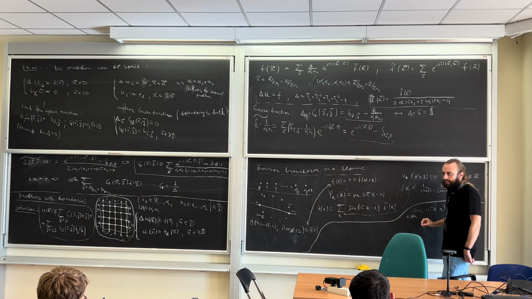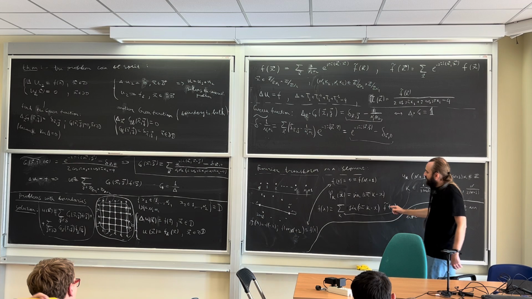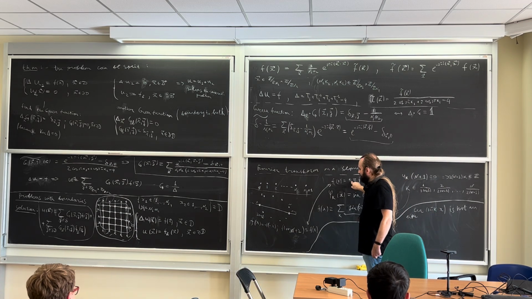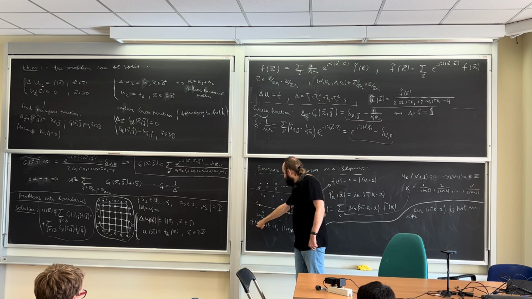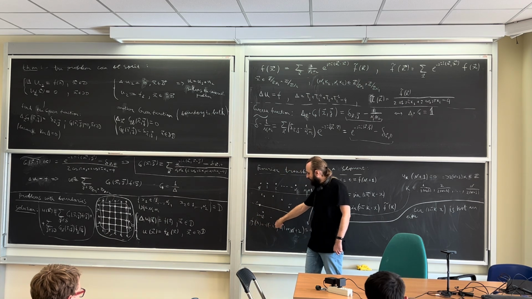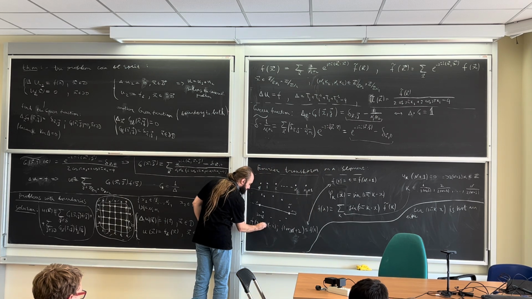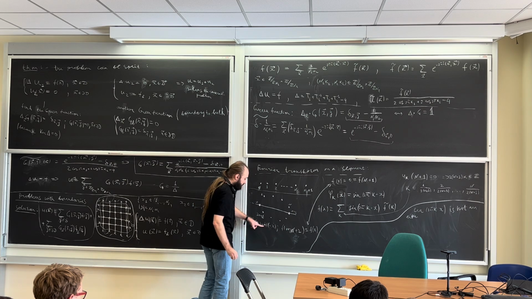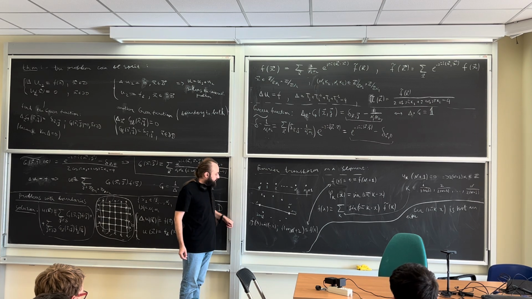Why is that condition equivalent to f of 0 equals 0 equals f of n plus 1? Because f of x equals minus f of minus x says that f of 0 is equal to 0.